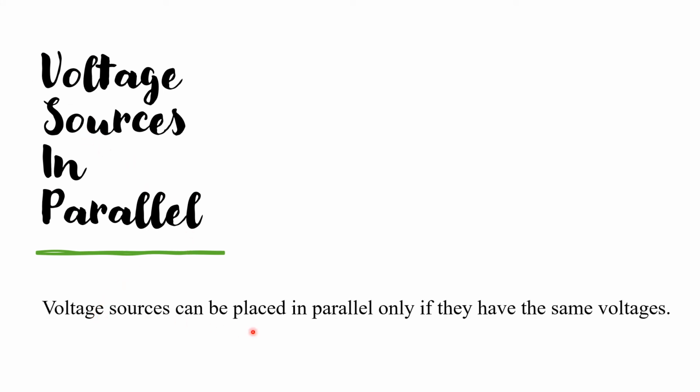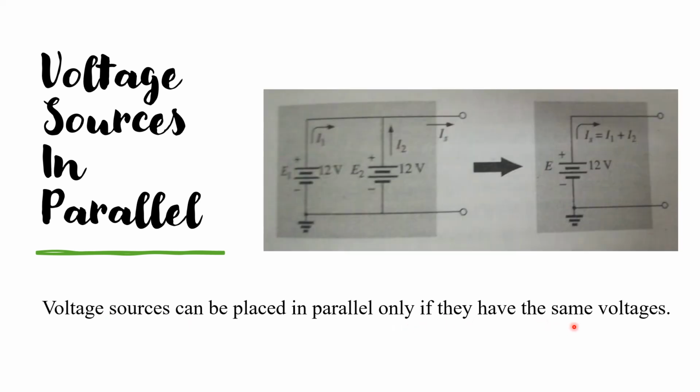Voltage sources in parallel. Voltage sources can be placed in parallel only if they have the same voltages. For example, if we have two voltage sources E1 and E2 equal to 12 volt, the equivalent circuit for these two voltage sources connected in parallel is E equal to 12 volt, and the total current is added by these two sources. The current of E1 is I1 and the current of E2 is I2.